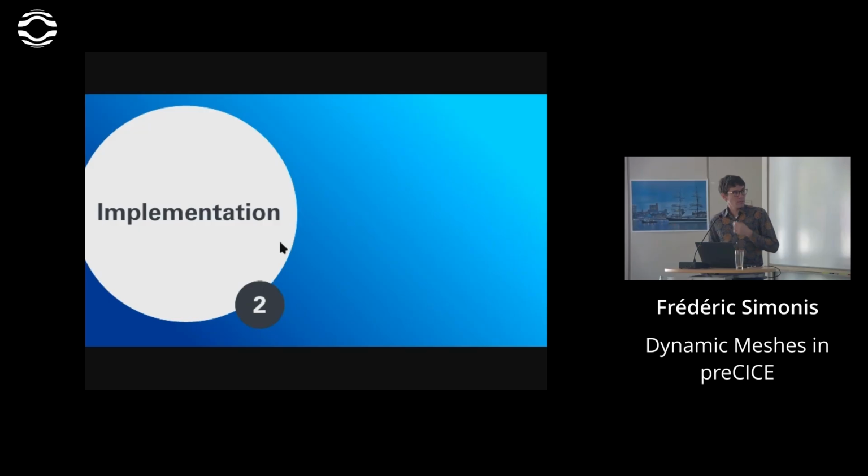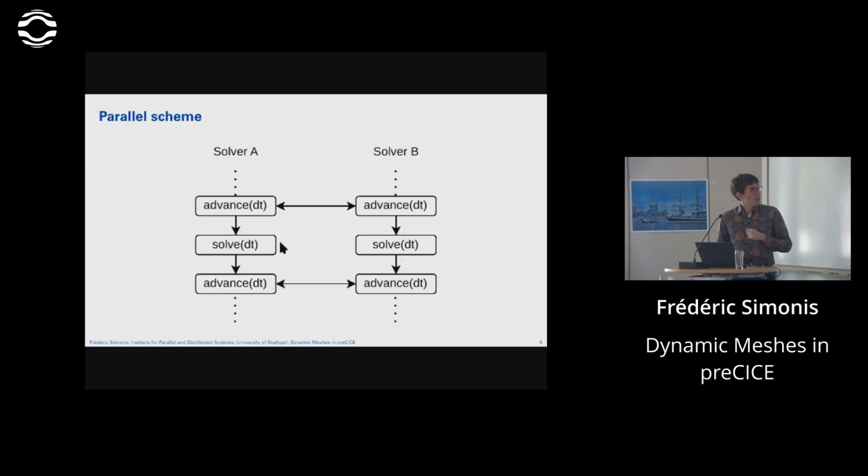This brings me to the implementation, where I try to also show you why, first of all, we use this global flag approach, and why this is not always a good idea to use this, right? So let's look at the parallel scheme. In a parallel scheme, your solvers always run in parallel.